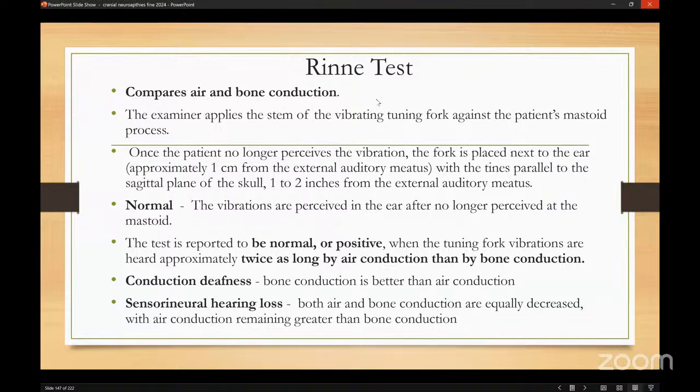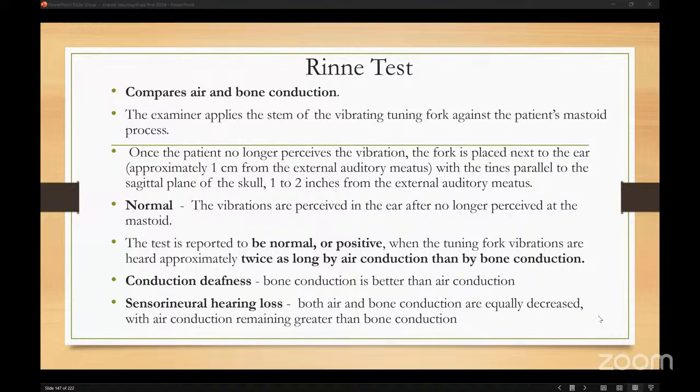So air conduction better than bone conduction means either it is normal or there is a sensory neural hearing loss. If there is already decreased hearing in that ear and air conduction is better than bone conduction, then it is a sensory neural hearing loss. And in conduction deafness, it is bone conduction better than air conduction.